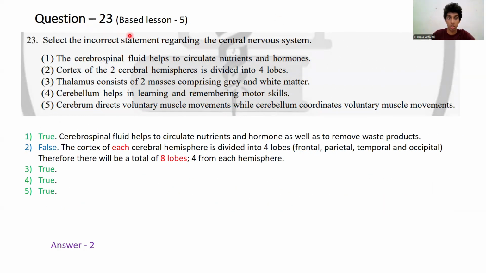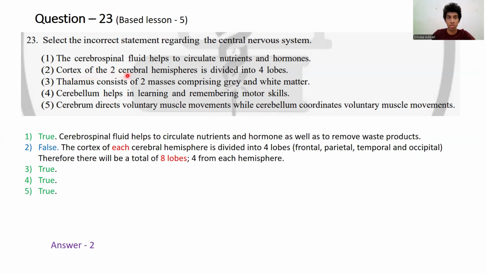Question number 23. It is based on lesson 5. Select the incorrect statement regarding the central nervous system. 1. The cerebrospinal fluid helps to circulate nutrients and hormones. That's true because the cerebrospinal fluid helps to circulate nutrients and hormones as well as to remove waste products. 2.